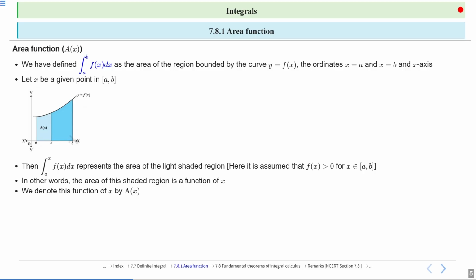That area represents the area function A(x) for a particular value x. And here it is assumed that f(x) is greater than 0 for all x belonging to [a, b].